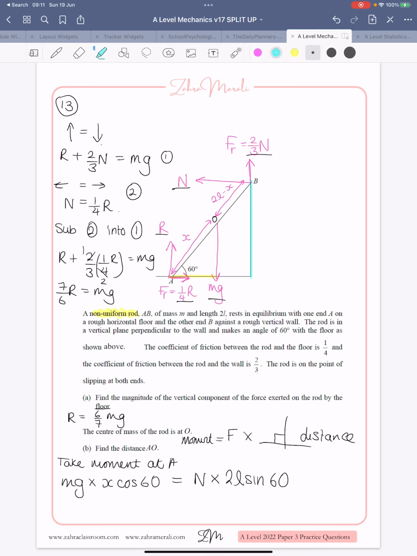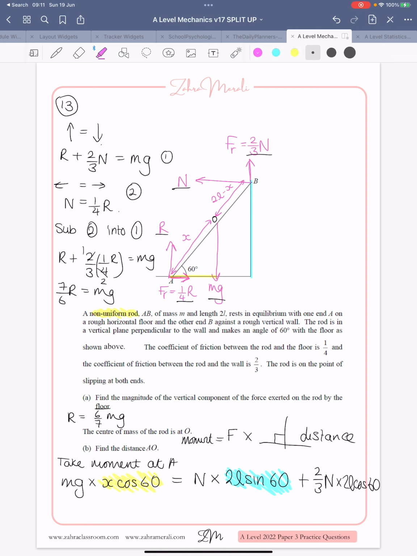That's equivalent to that blue bit, and that's equivalent to the yellow bit. And then plus 2/3 N times 2L cos 60, because the distance that we're looking at is going to be all the way across.